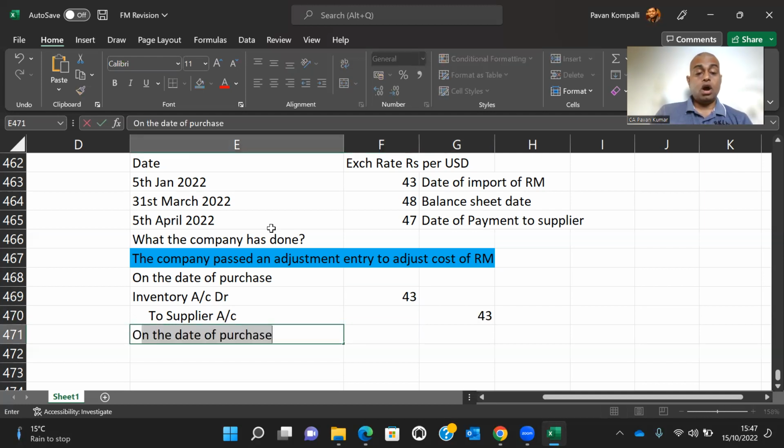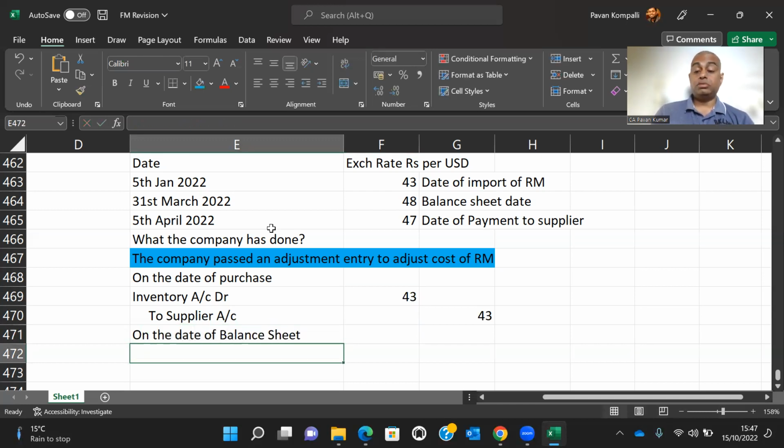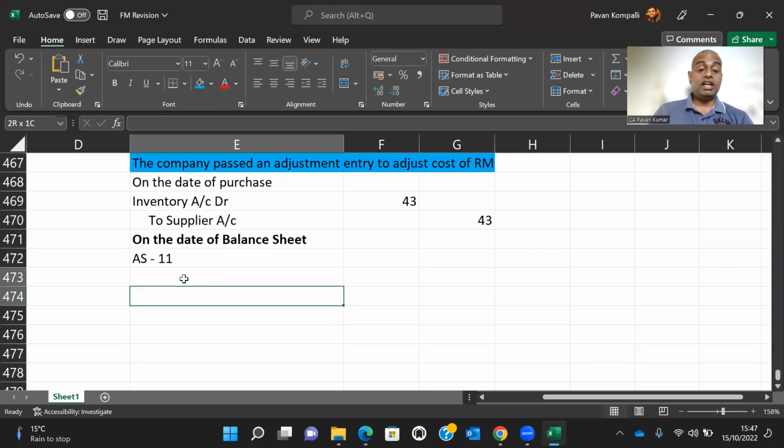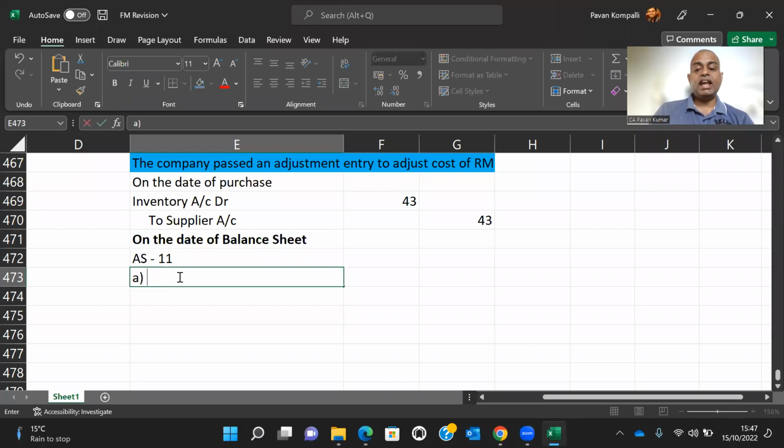This is correct. On the date of balance sheet, what is to be done? This is, my dear friend, Accounting Standard 11. Welcome to the world of accounting. What they do is, on the date of balance sheet, all dash assets are to be revalued to reflect their fair value.